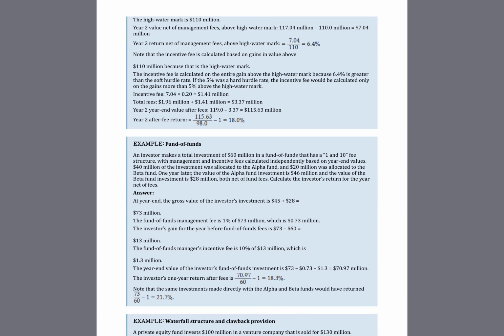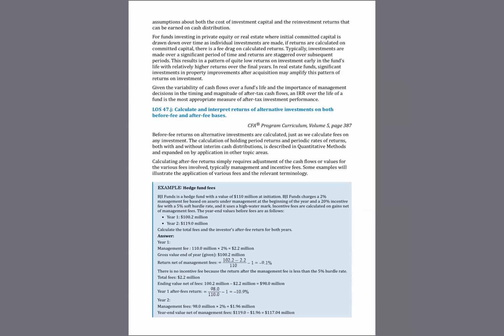Looking at year 2, the incentive fee is going to be 7.04 times 0.2. But where from the 7.04? It is because I acknowledge the fact that you have made money of 119. But of the 119 that you have made, you are charging me 1.96 million as your management fee.